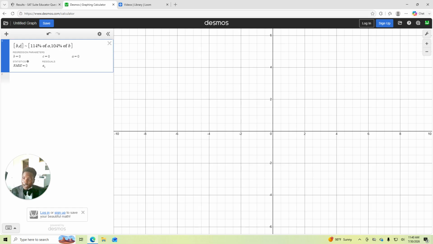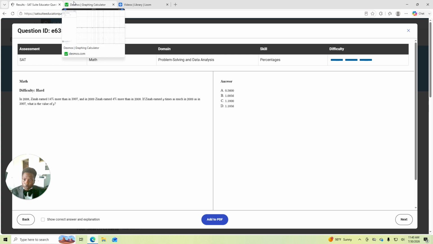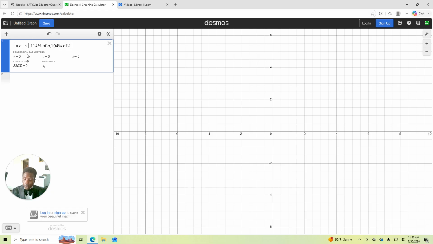And it's asking how many times as much she earned. So now we can do comma C. And this is how I would do it. You can just do C percent or X percent. Let's just do X and then put a 1 so it knows you're solving for a variable. Then X percent of A, because that goes back to our original year, 2007.